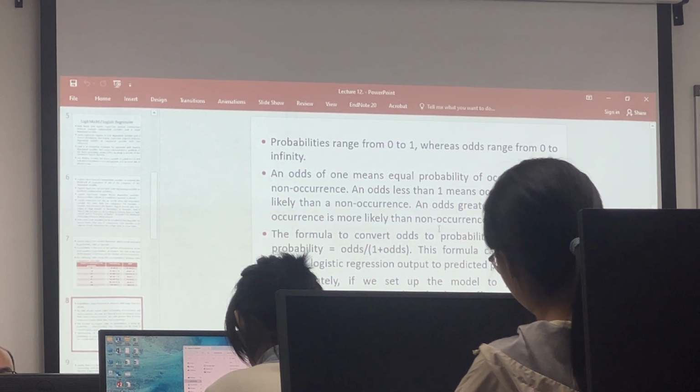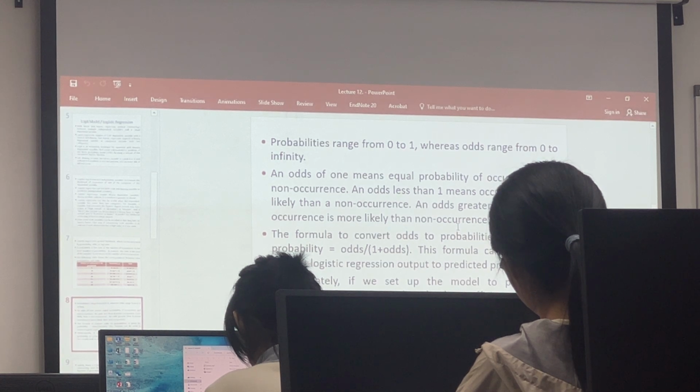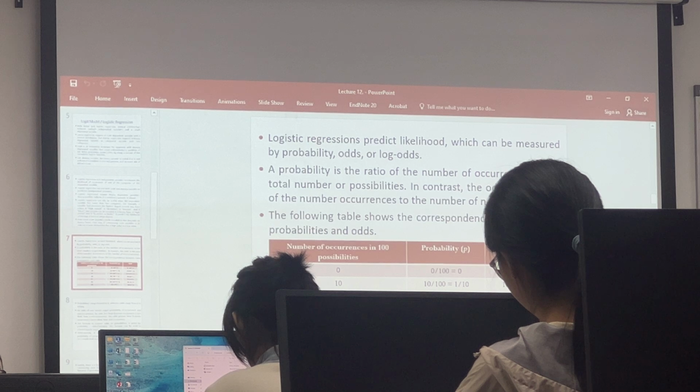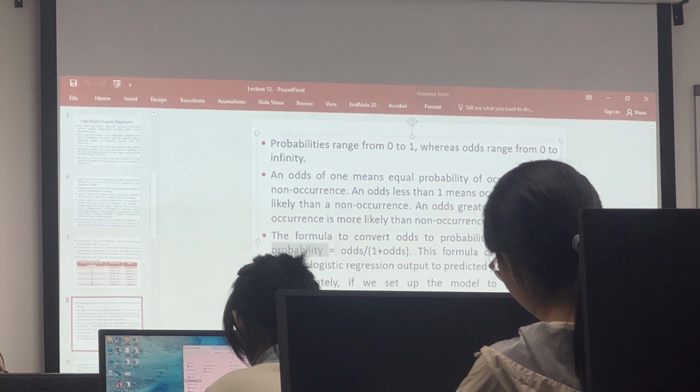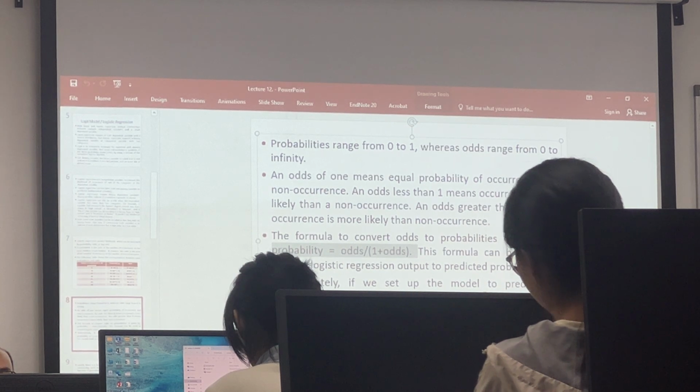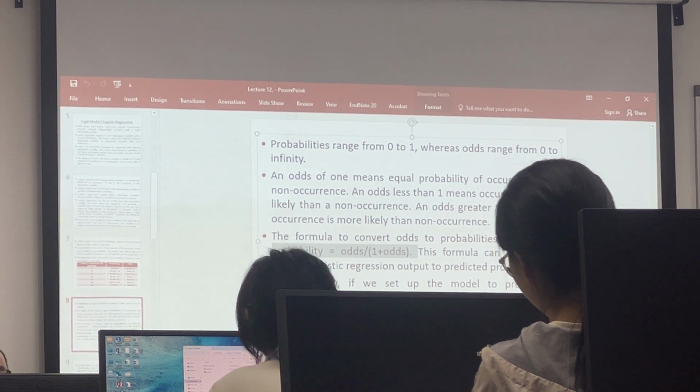The formula to convert odds to probabilities is given here. If you want to convert probability to odds or odds to probability, you can use this formula: probability equals odds divided by 1 plus odds. This formula can be used to convert logistic regression output to predicted probabilities.